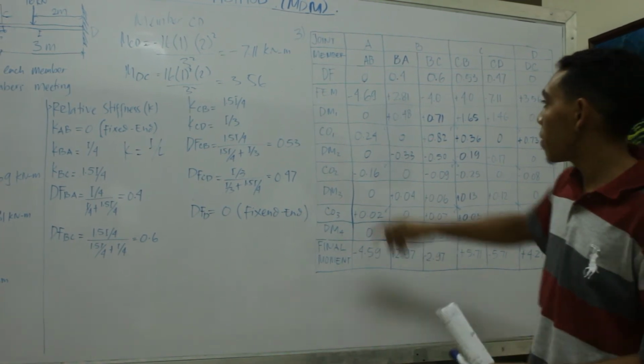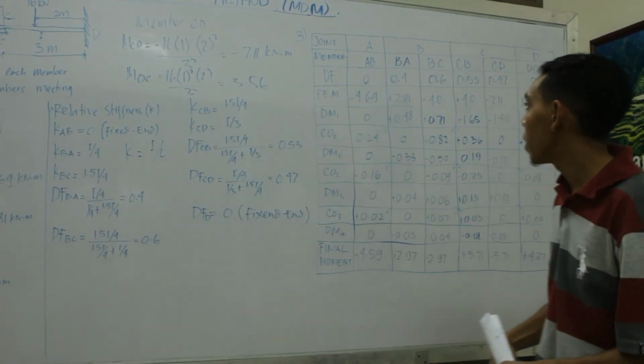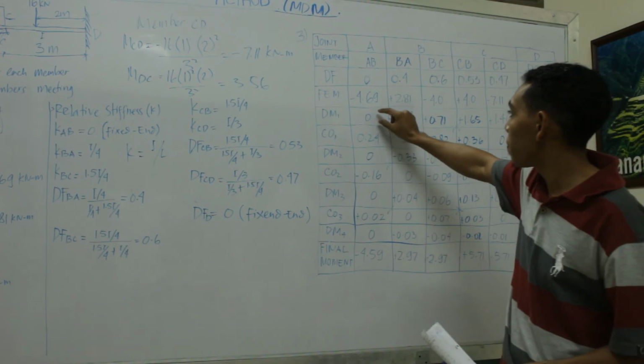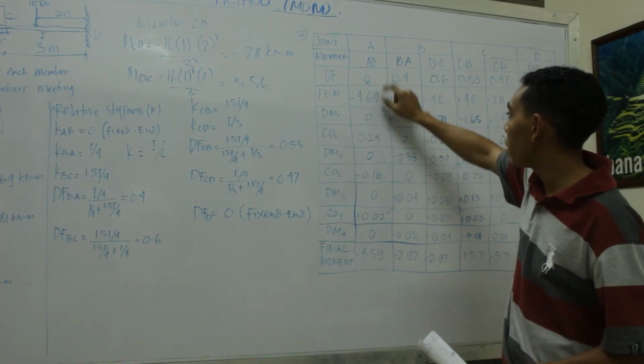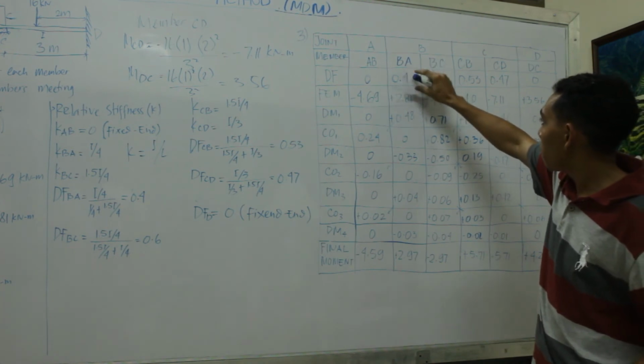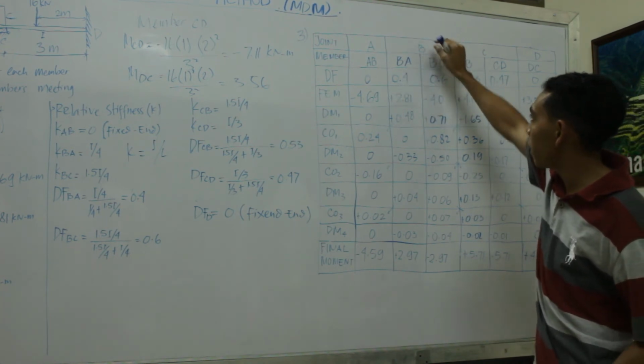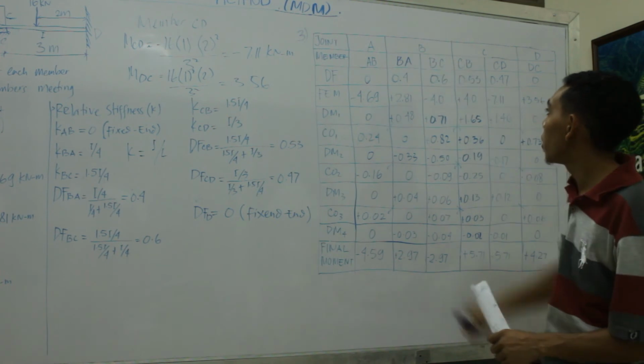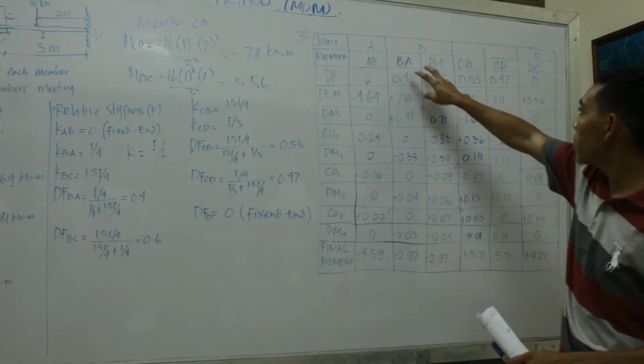And the next one is the distributed moment. Distributed moment for AB is equal to 0, and for BA and BC at joint B, there are two members, BA and BC.